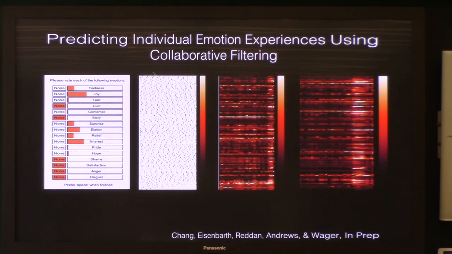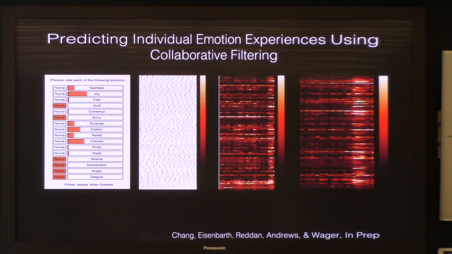We stop the movie maybe 12 or 13 times during this 45-minute show and ask them to rate how they're feeling, if anything, on any of these 16 dimensions. We do that for all these people, and then we use these collaborative filtering algorithms to reconstruct for each individual how they were likely feeling, given their similarity to everybody else.